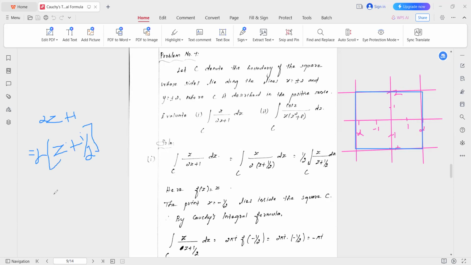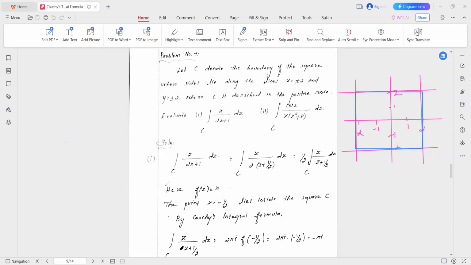If you want to write it as z minus z naught, then you can rewrite this as z minus of minus 1 by 2. So 2z plus 1 will become 2 into z plus 1 by 2, or 2 into z minus minus 1 by 2. Whatever form you want, you can take it.